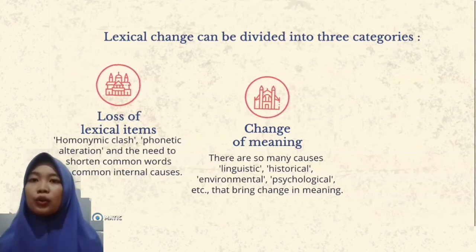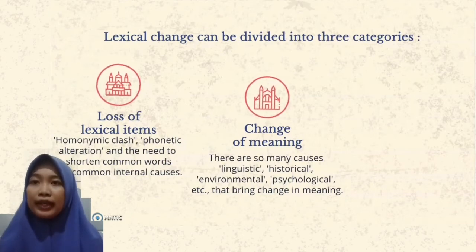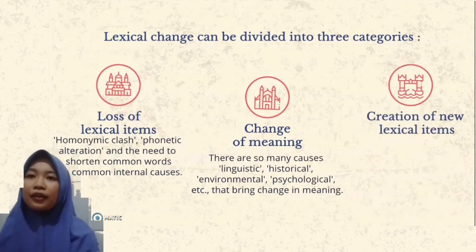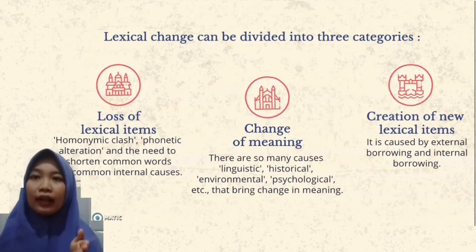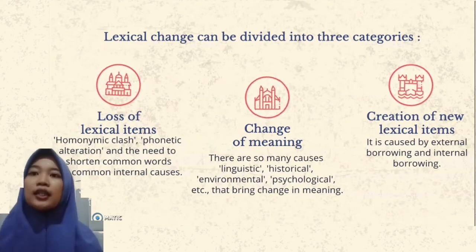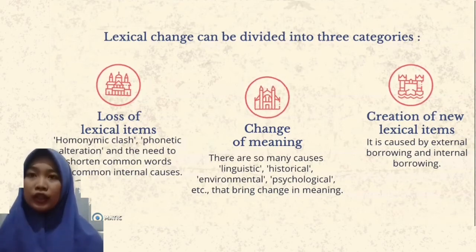When a word loses its old meaning and comes to refer to something different, the result is a change in the word's meaning. And the last, creation of new lexical items. The creation of new lexical items is because of external and internal borrowings. For example, English has borrowed from French words like crown, power, state, and so on.